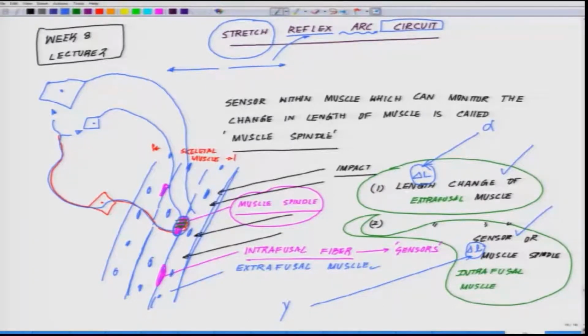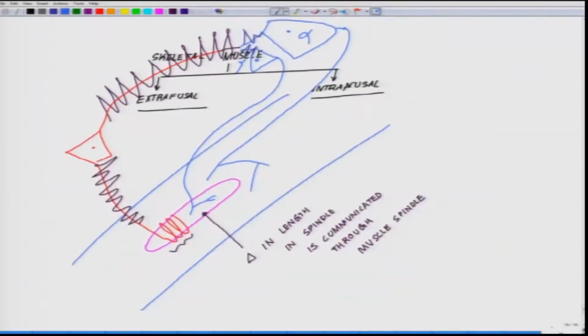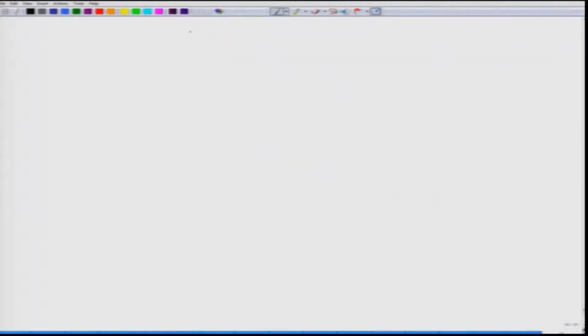In this simplest of circuits, if you want to explain it mathematically, how many events are happening? Now we will enumerate all the events, so that the concept gets into your mind. Step 1, impact.